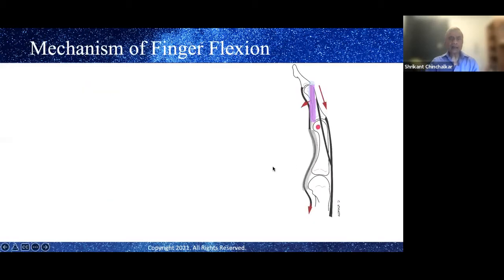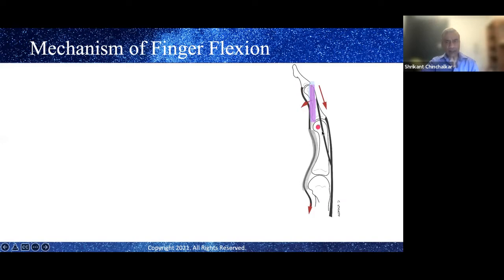Now it is important that we look at how we actually flex our fingers from a fully extended position. When the fingers are fully extended, the oblique retinacular ligament, that purple structure you see, is maximally taut.